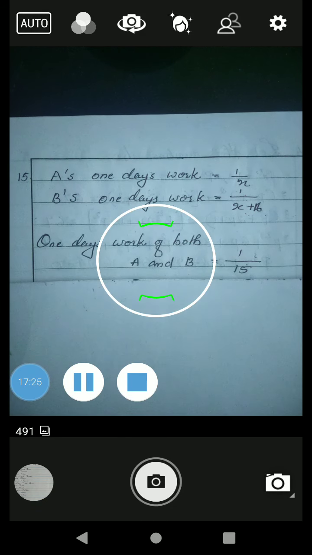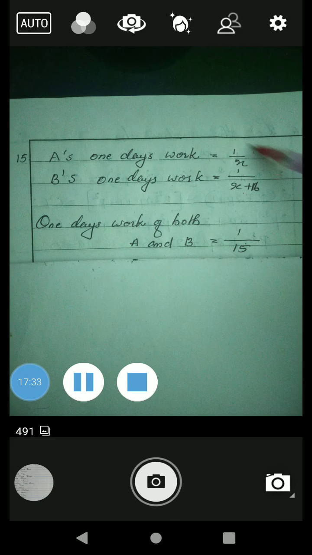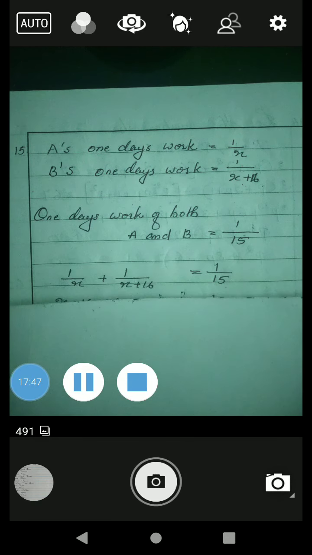Okay, 1 day's work of both A and B, or 1 day's work of A plus B is the sum of these two again. So we can connect these three. What is it? 1 by x plus 1 by x plus 16 is equal to 1 by 15. Okay, in this way we can make the equation and you can solve it.